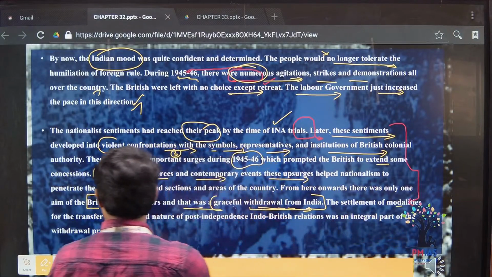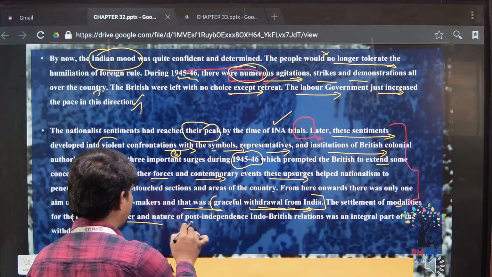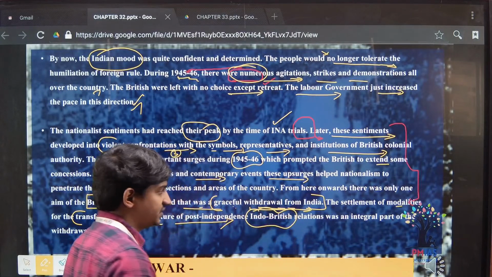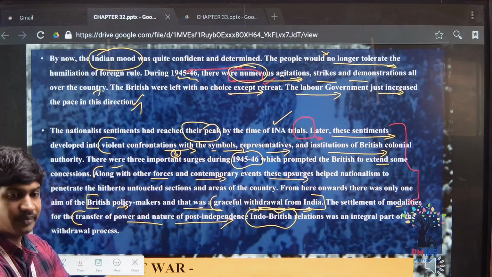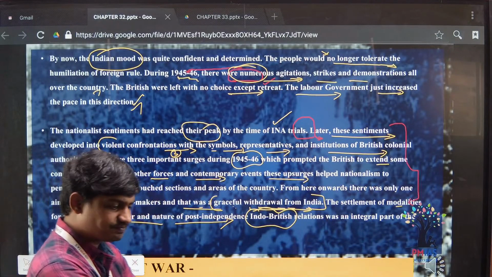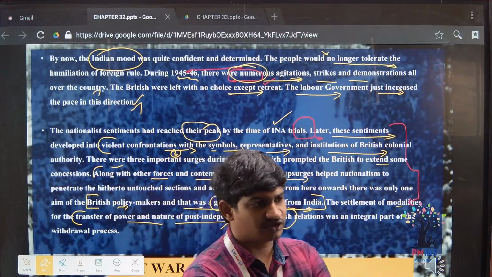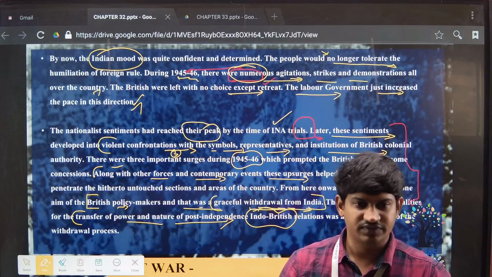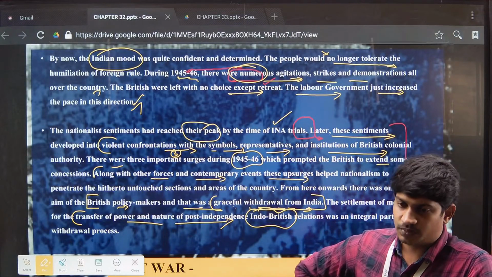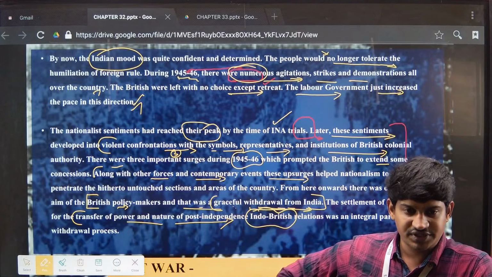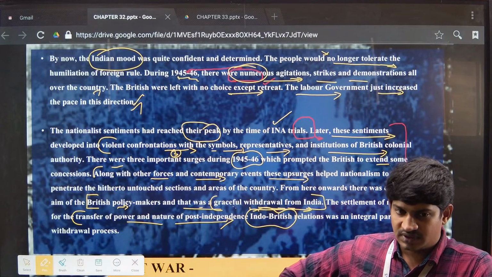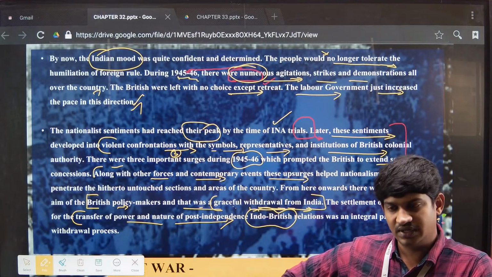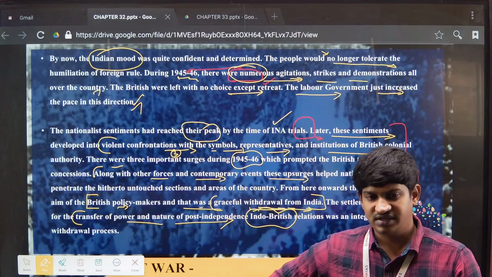And the settlement of modalities for the transfer of power and the nature of post-independence Indo-British relations. So how would that be? Then they said, we will give you independence and the transfer of power that you asked for. So how would our relationship be post independence? The mindset of Indians was that you have ruled, knowingly or unknowingly, for 300+ years.